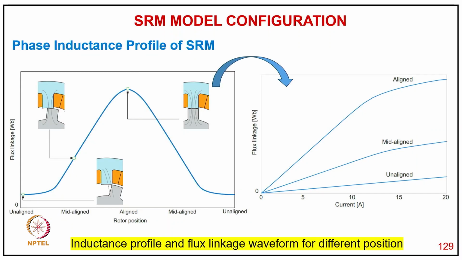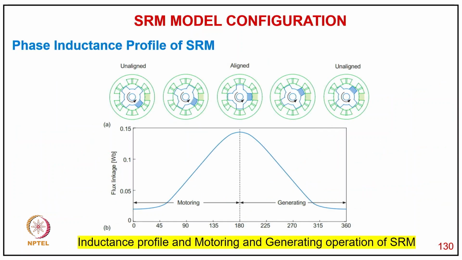So now you can see how the phase inductance profile varies, from unaligned to mid aligned and completely aligned, and how the characteristic is shown for the fully aligned, unaligned, and aligning positions. You can see how the phase inductance and flux linkage vary with position when you excite with a constant current, and how the torque is produced.